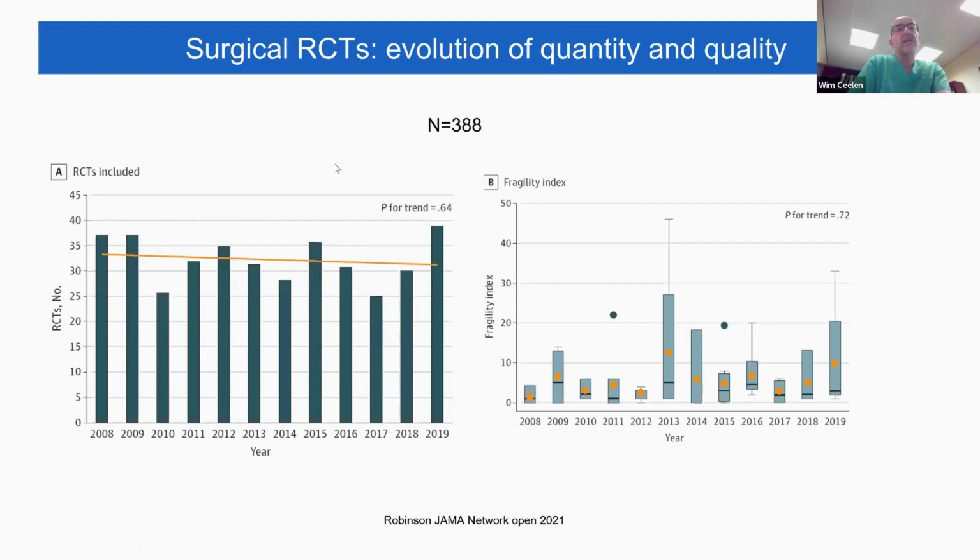So there are randomized trials being done in the field of surgery. You see here the evolution of the quantity and the quality over the last, let's say, 10 years. It's from a recent publication in JAMA Surgery, and you see that the number of randomized trials has remained more or less stable over the years, and the quality is quite variable. And what you see on the box plots on the right half of the screen is the fragility index.